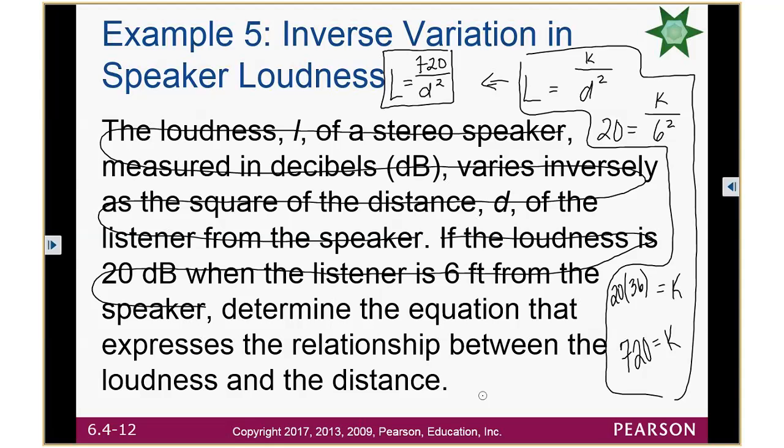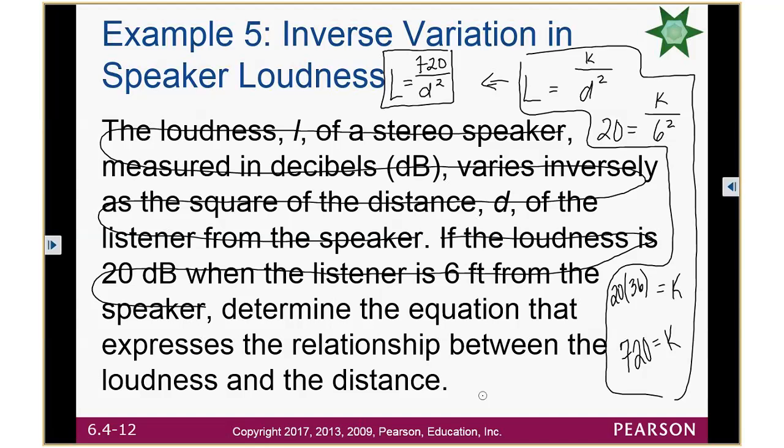Then what's left? Okay, well, they're done. Now, this part is where they would put more info. They would say, determine the equation or determine the loudness if a person was to be 50 feet from the speaker.